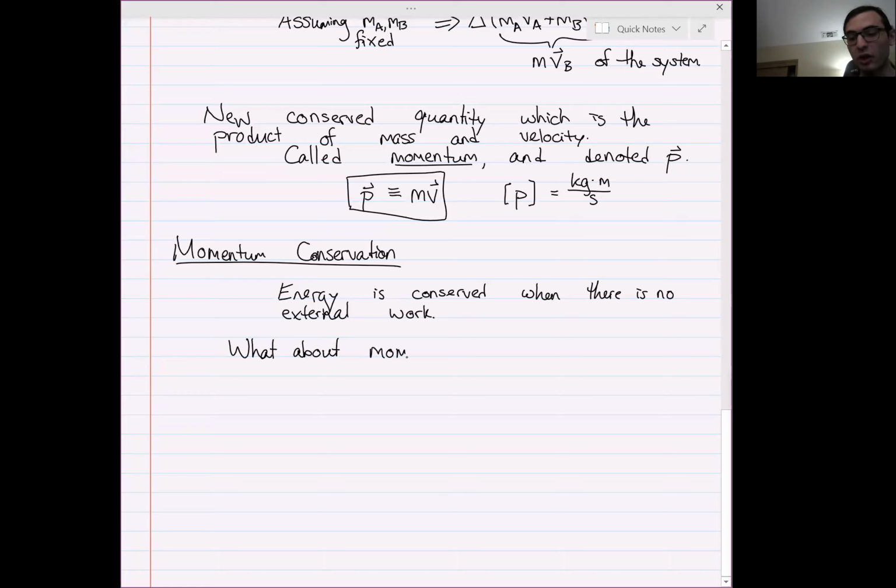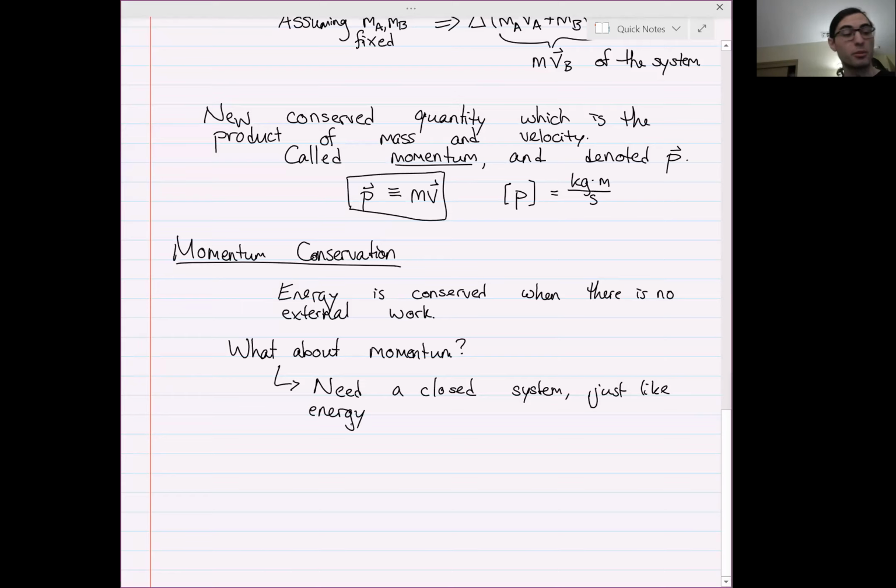Well, certainly, we need a closed system, just like energy conservation. I.e., you can't have outside influences because that will affect the momentum of the system. By closed system, I mean external forces and things external to the system affecting the system.